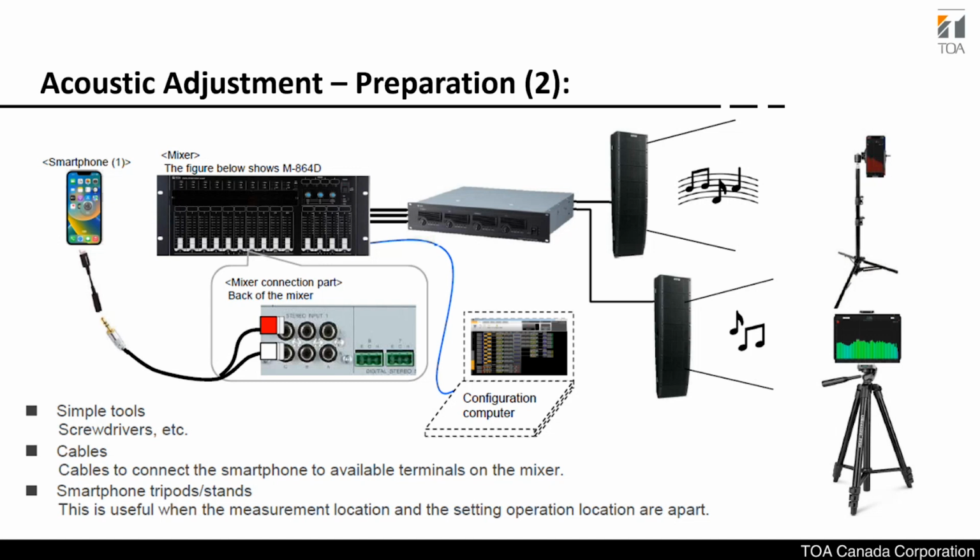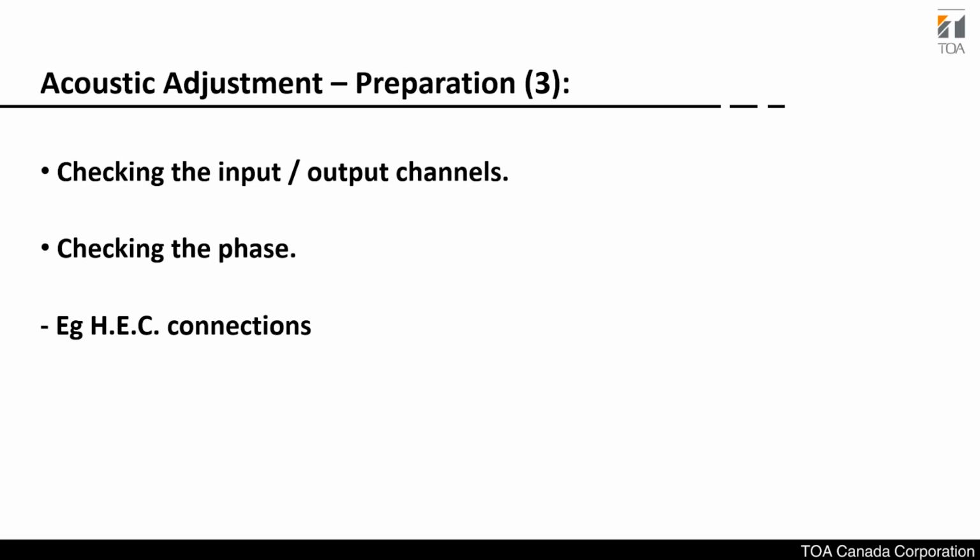Smartphone number 1 will connect to your mixer, and the setting software on the configuration computer will also be connecting to the mixer. Then you will generate the signal from the smartphone, and then you will have to do the sound adjustment.